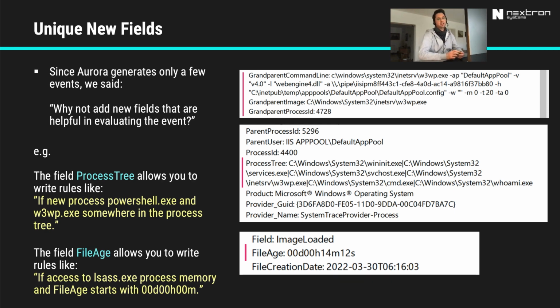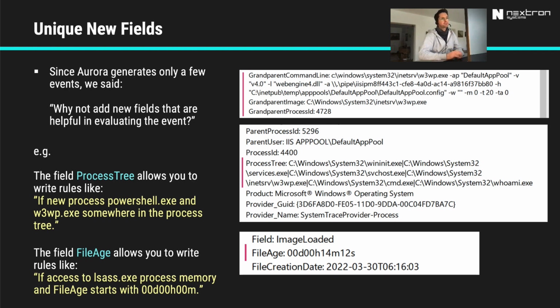And we thought, okay, let's add fields that would help us evaluate the possible threat. And therefore we decided to add new fields, like the grandparent command line, grandparent image and grandparent process ID, as well as a process tree field.